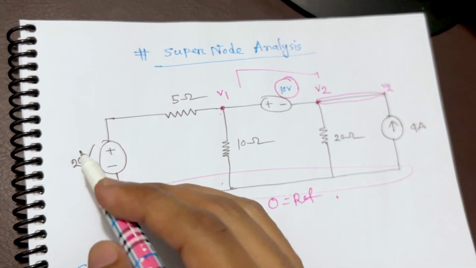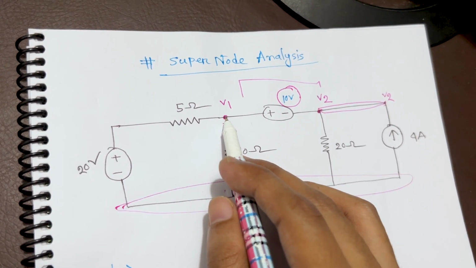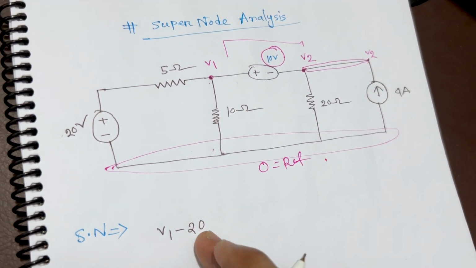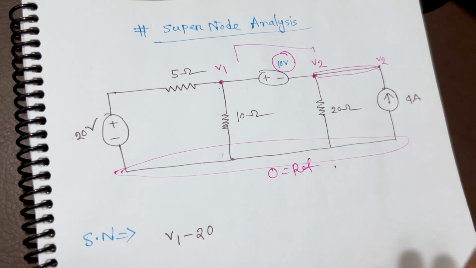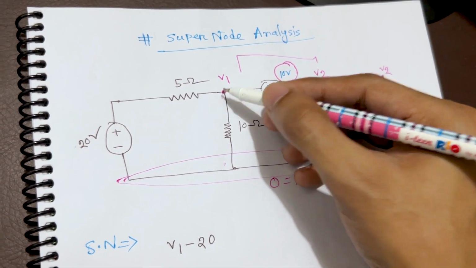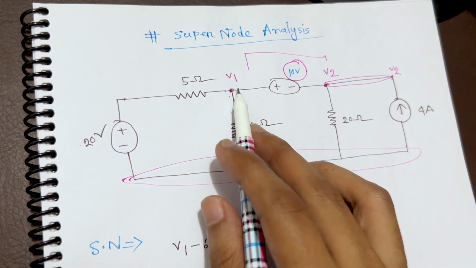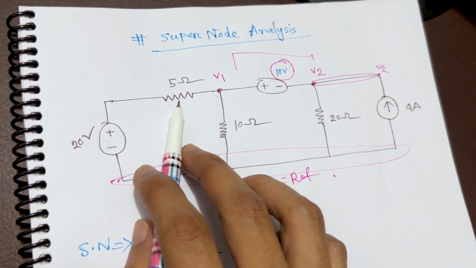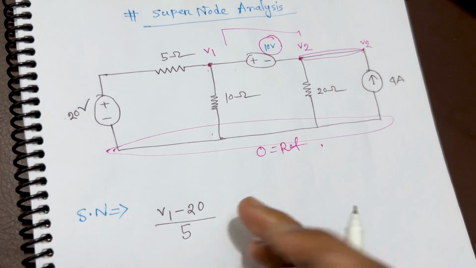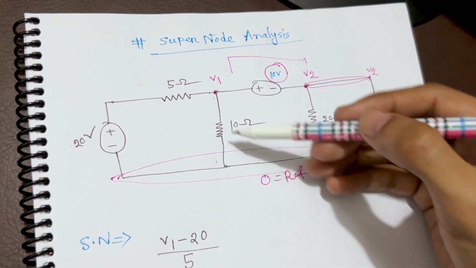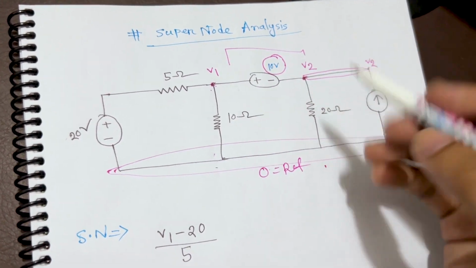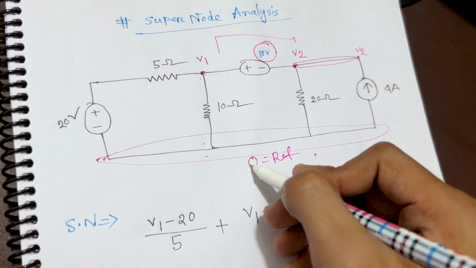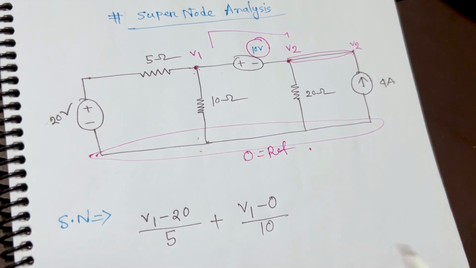So what do we have to do? We can write V1 minus 20, and this 20 is the voltage source, which is directly given. V1 is the node voltage we don't know yet. So V1 minus 20 volt, and in between we have a 5 ohm resistor, so V divided by R. One more thing, we have the reference node, and between V1 and the reference node we have a 10 ohm resistor.